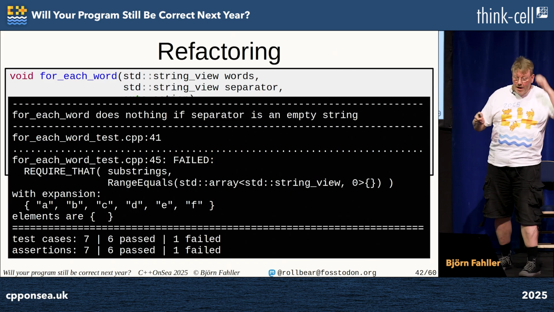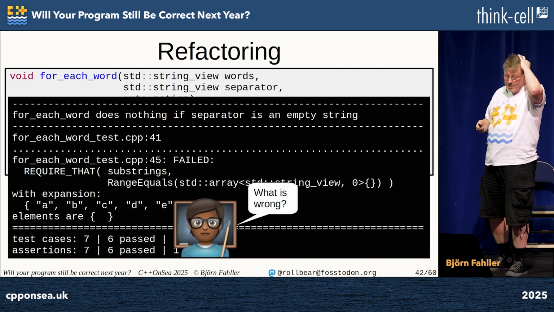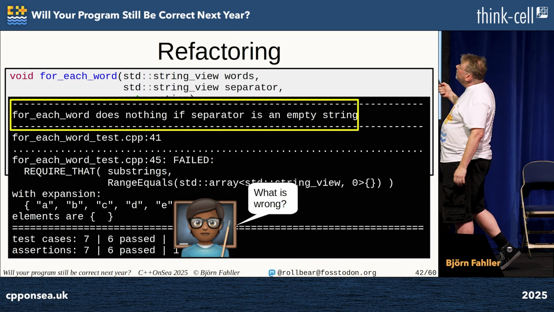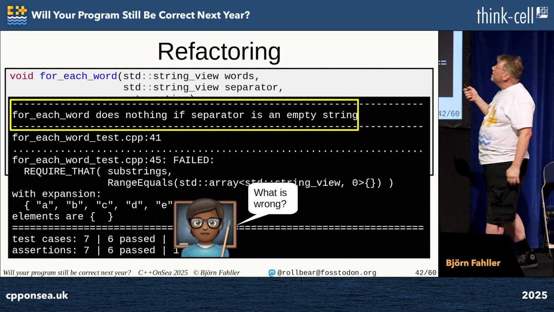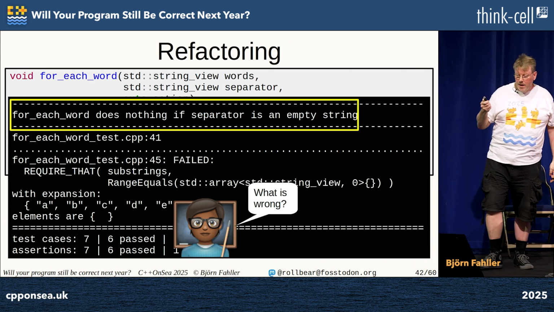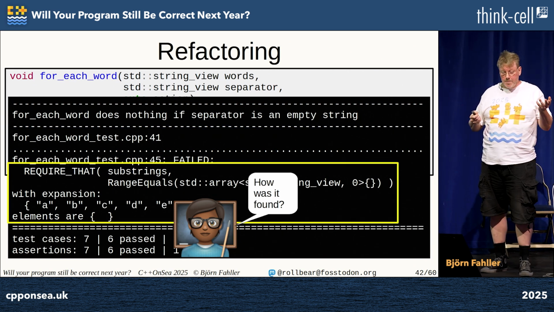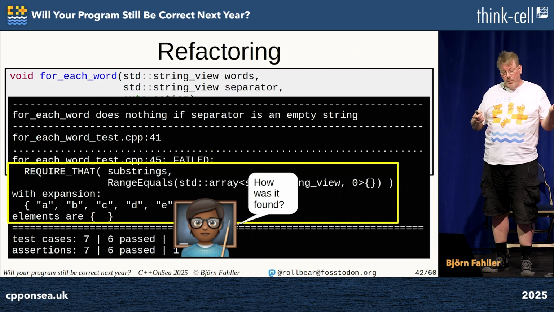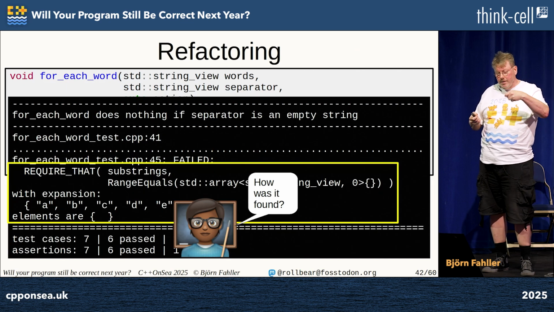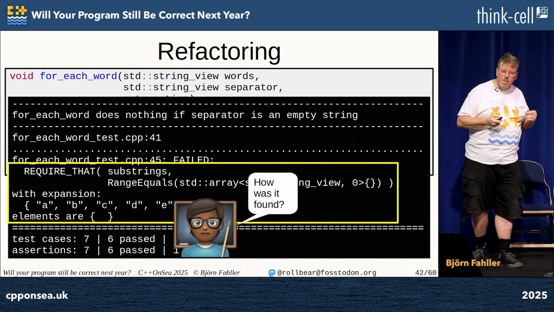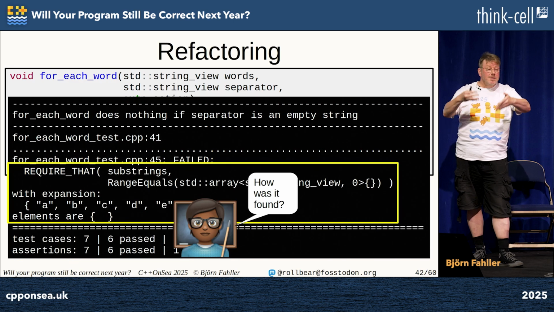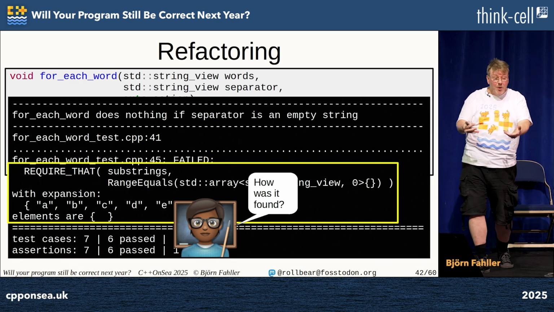Let's test it. Oh, something is wrong. What is wrong? For each word does nothing if separator is an empty string. How was it found? We got every single character. This is information. We can use this. It's quite obvious what happened.